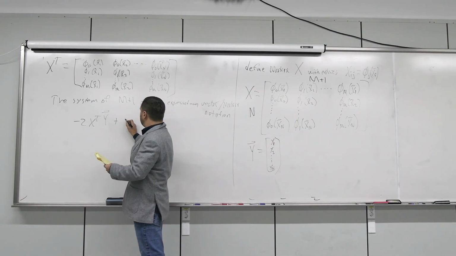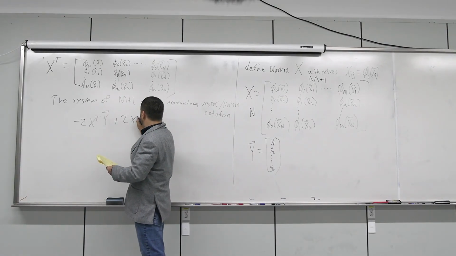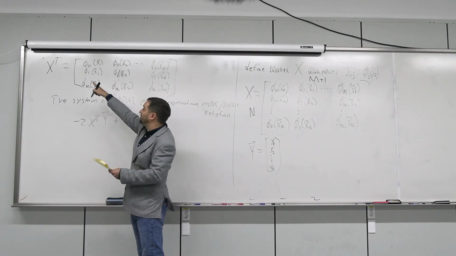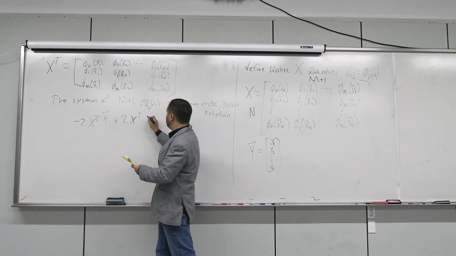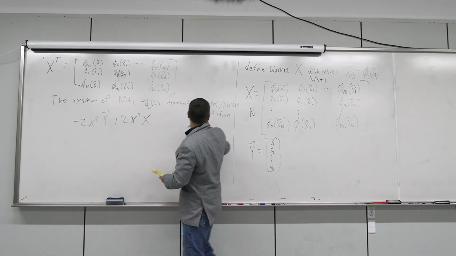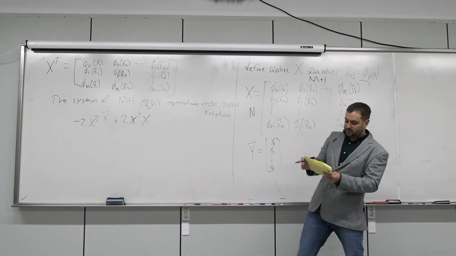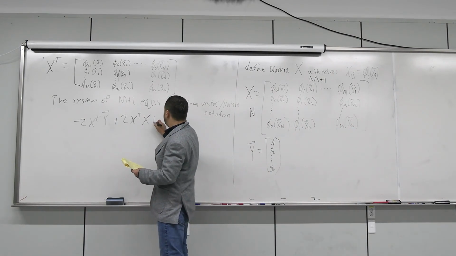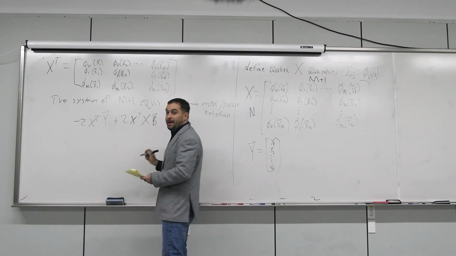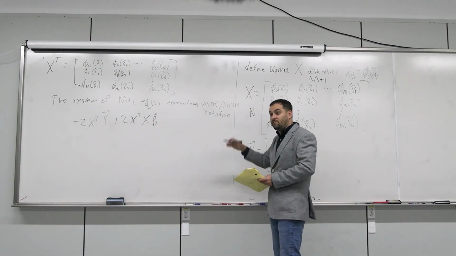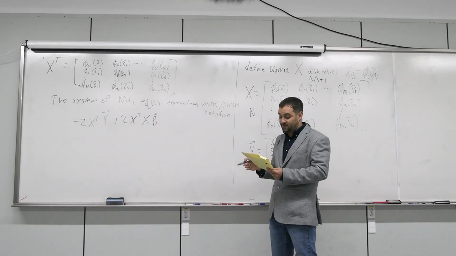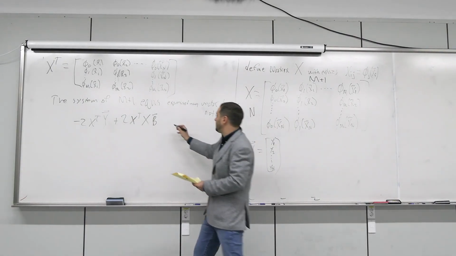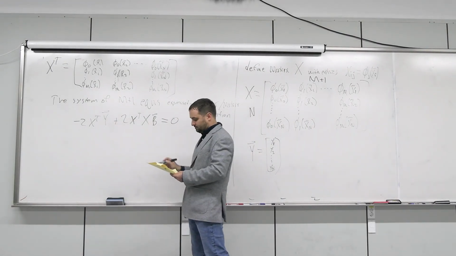Plus 2 times X transpose, the X matrix transpose, now times the original X matrix times our vector beta, which is, once again, the row vector containing our m+1 fitting coefficients. And we set this equal to 0.